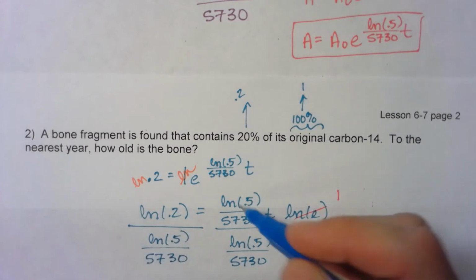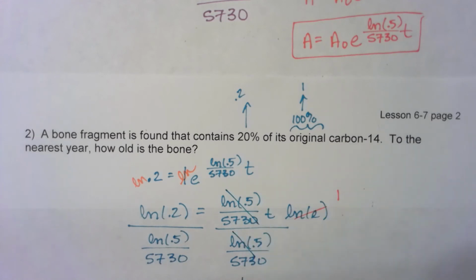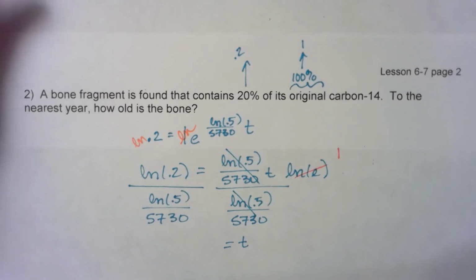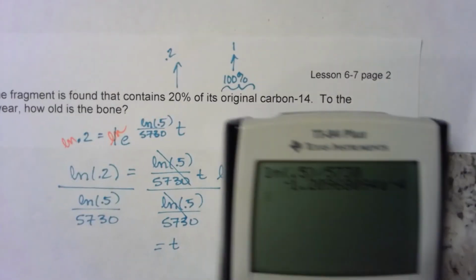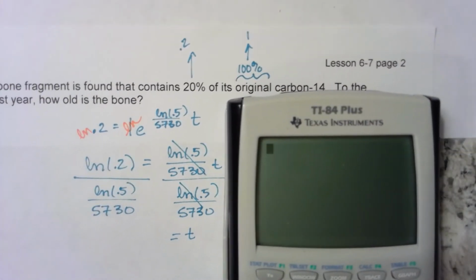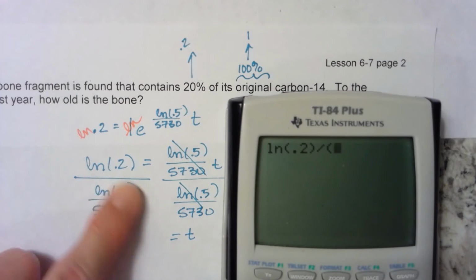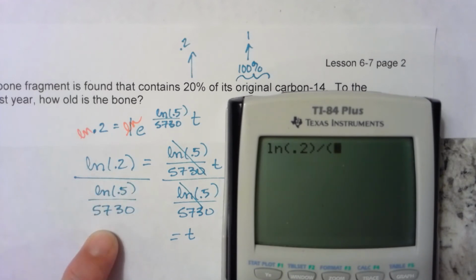Now these will go away. We're left with our t is equal to something. We want to know how old this is to the nearest year. So let's put this in the calculator and see what happens. We have natural log of 0.2 divided by, I'm going to put this whole denominator in parentheses. So natural log of 0.5 divided by 5730 and close the denominator.